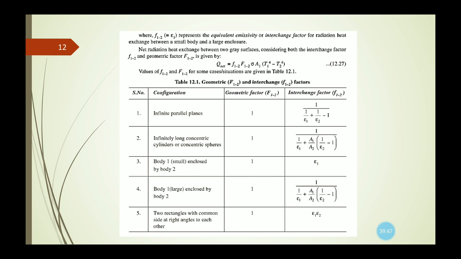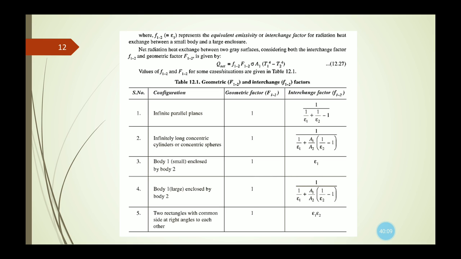The first one was the infinite parallel planes, and there we saw a formula for the interchange factor, which is here in this table. Then for the infinitely long concentric cylinders or concentric spheres, here also we got another representation of the interchange factor.